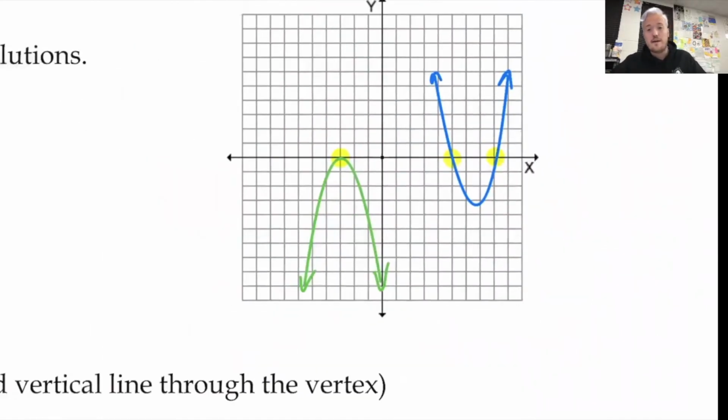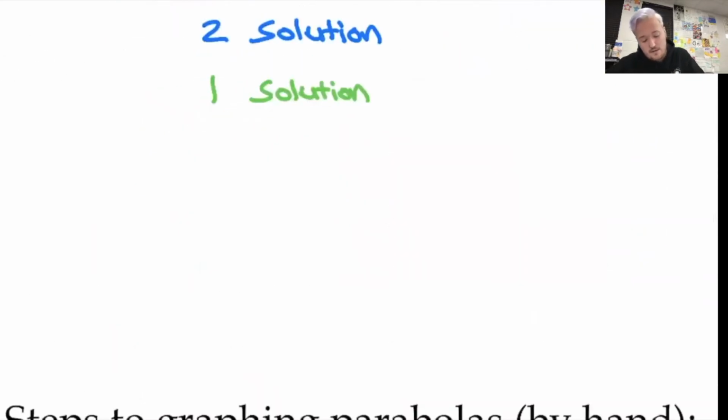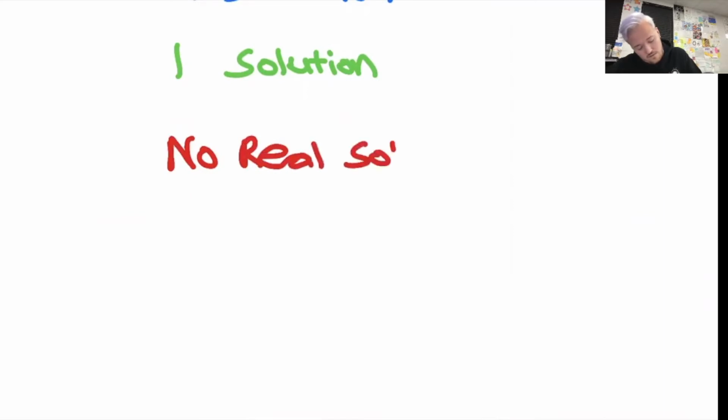All right, now keep in mind your parabola may not intersect your x-axis at all. If it doesn't even touch the x-axis, that means there's no real solution. Now, emphasis on a very specific word here: no real solution.